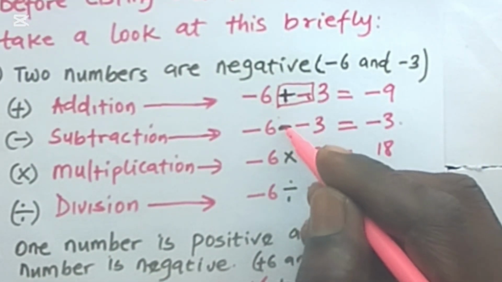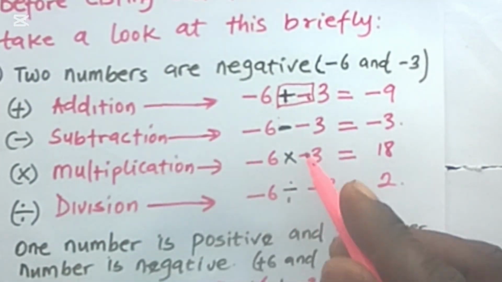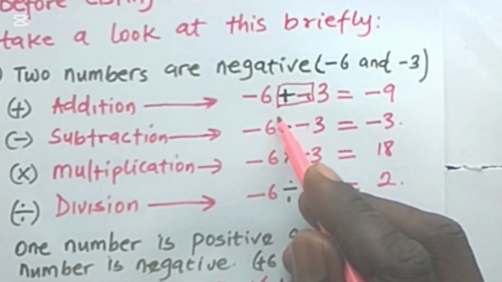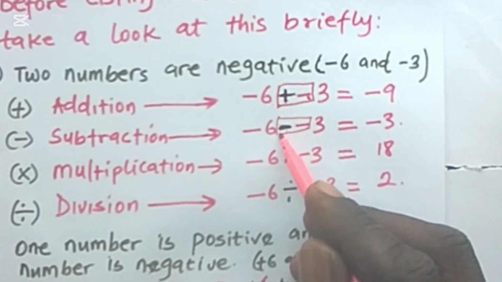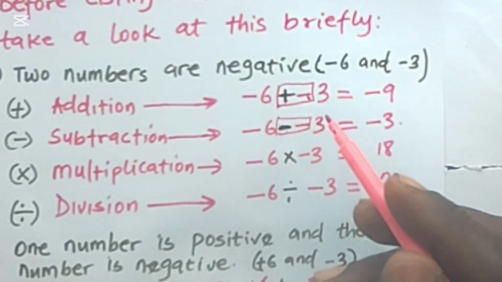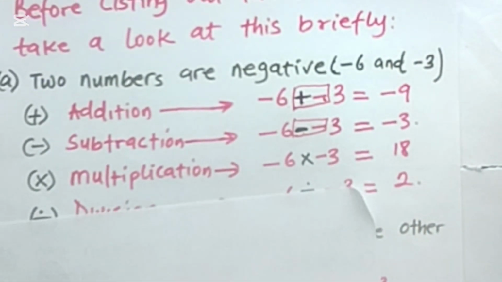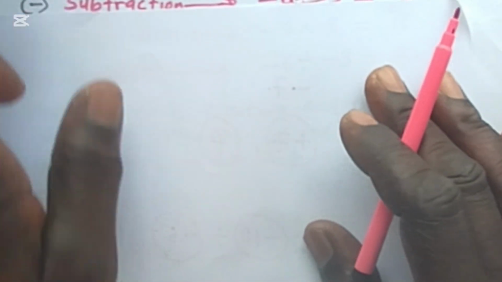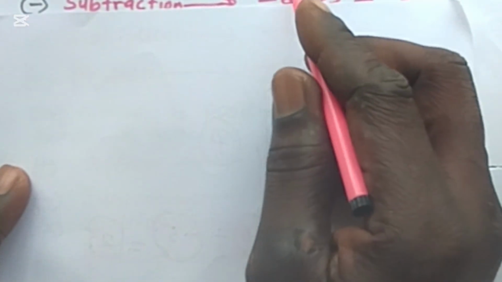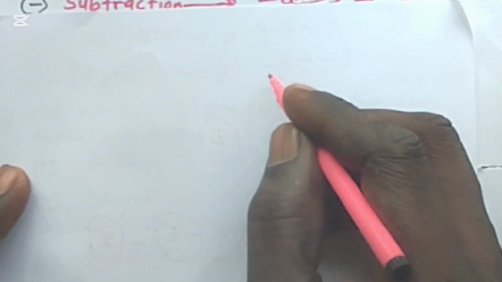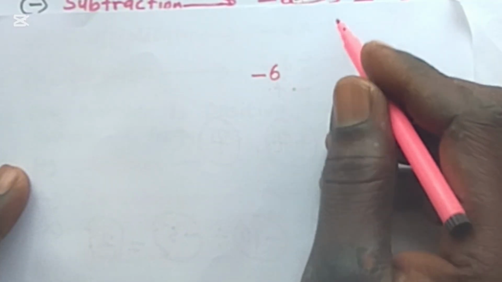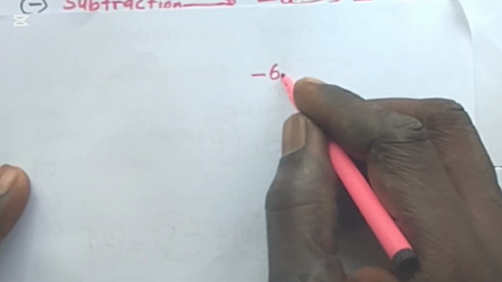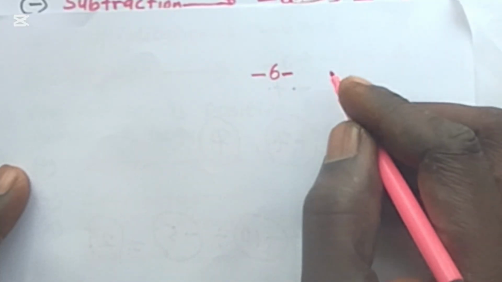So in this case now, if you check where we have subtraction, we have minus 6 minus 3. We have two like signs. So following the rules now, this first one can now be written as minus 6. These two signs, the rule says that since they are unlike signs, we should replace it with a minus sign.